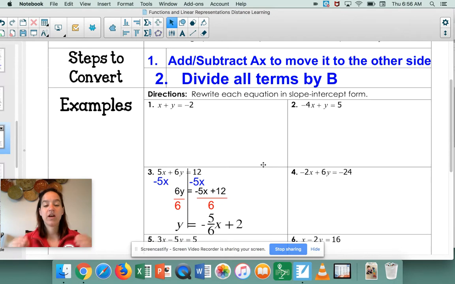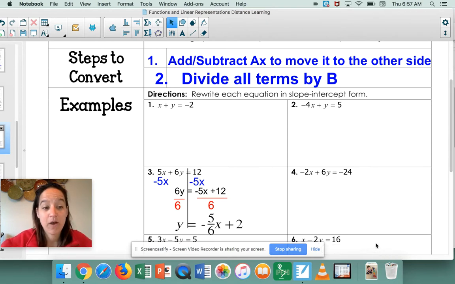And so there I now have slope-intercept form. I know right away my intercept is 2 and my slope is negative 5/6, and so I would be able to graph from there. So I've taken my ax plus by equals c and changed it into my slope-intercept form, which allows me to then graph the line.